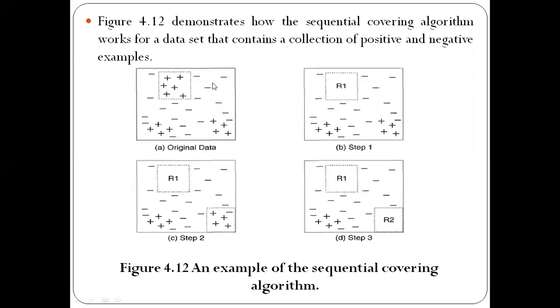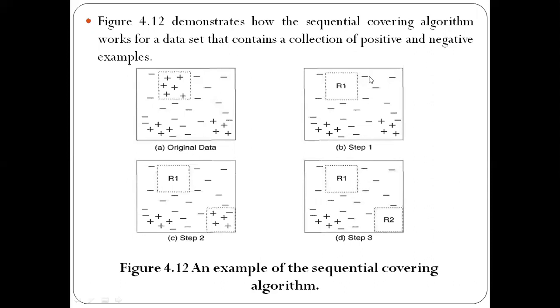Positive examples are nothing but the records that are covered by the rule. If you observe here, we have grouped the records that are positive examples, and they will be covered by rule R1. The records that are not covered by the rule are considered negative examples, which are present outside rule R1.